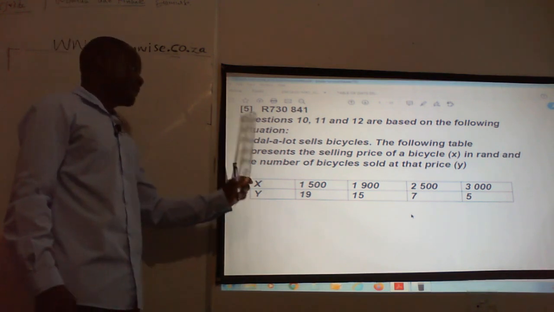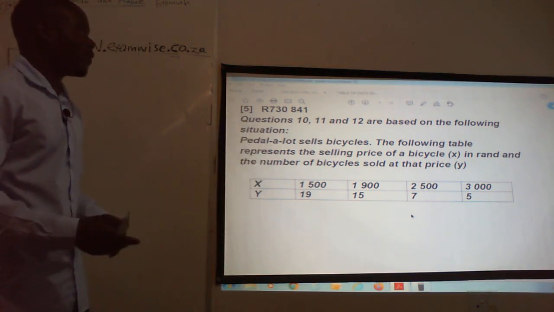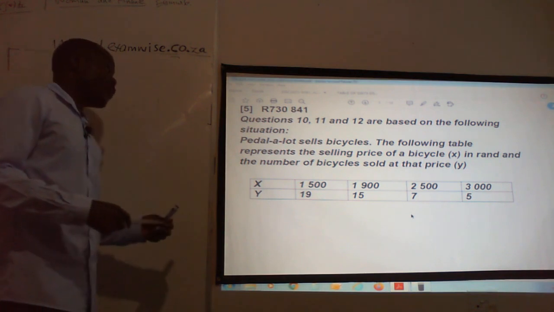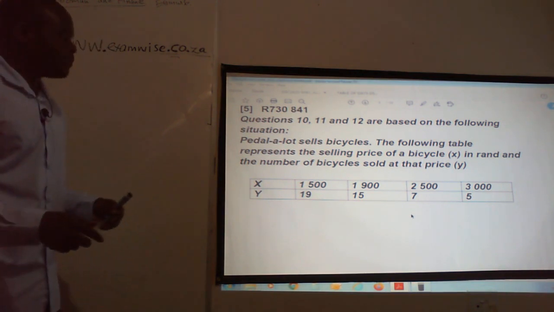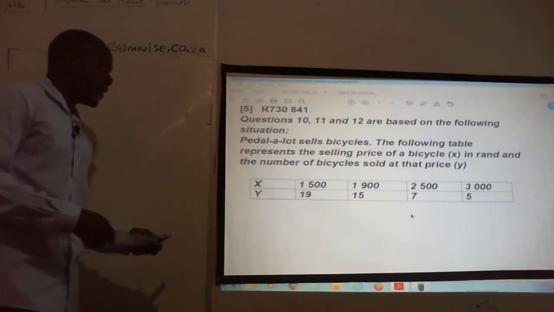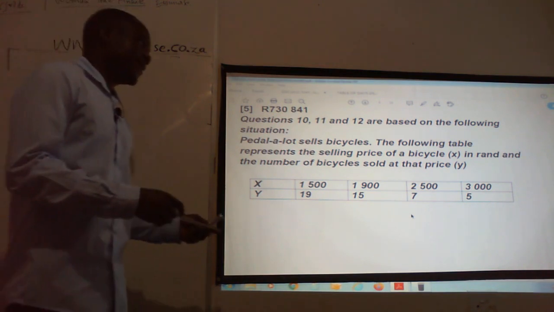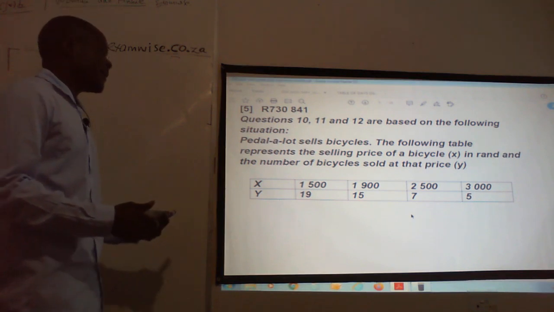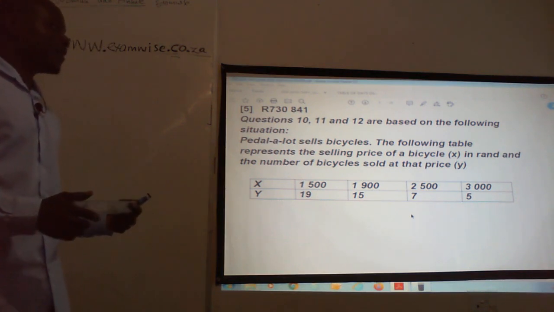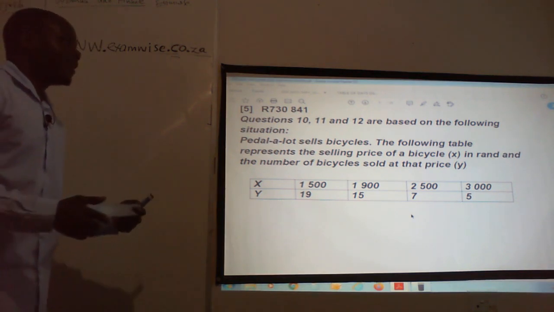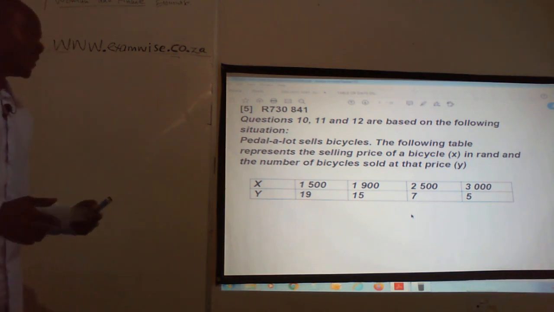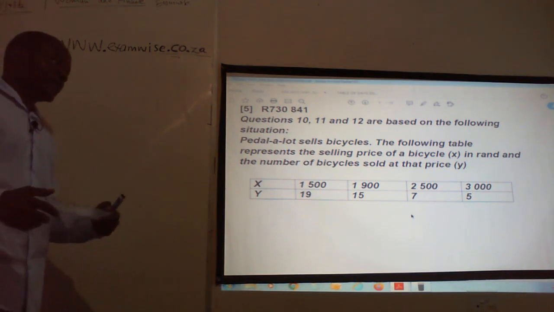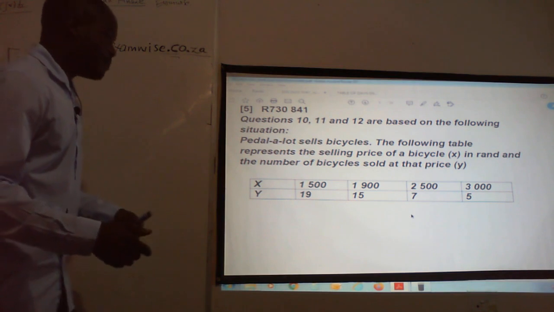So questions 10, 11 and 12 are based on the following situation. So Pedal-a-Lot sells bicycles. The following table represents the selling price of a bicycle in rand and the number of bicycles sold at that price.